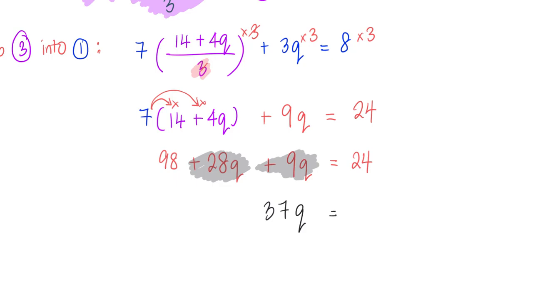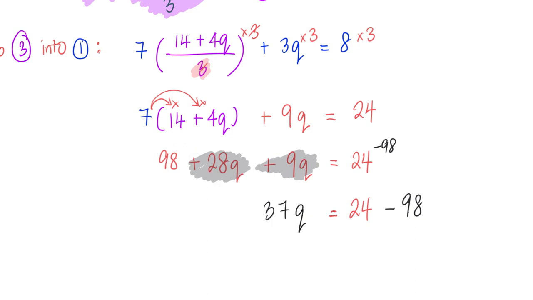And you will have this 24 minus 98. Because, why? Because if I minus 98 on both sides, I would eliminate the 98 here. So if I do that, 98 minus 98, yep, 0, right?